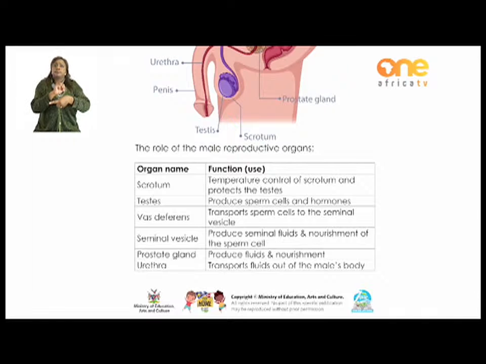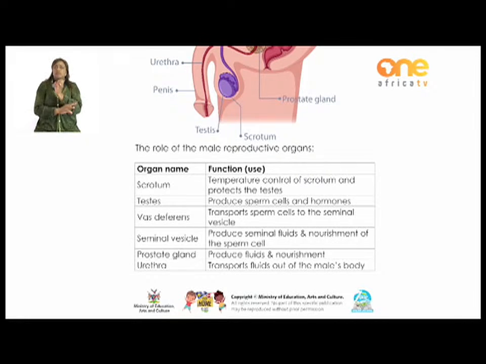And from the seminal vessel, we go into a structure known as the prostate gland. And from the prostate gland, we have the urethra, which is in-housed by the penis. Please do not get confused with the urinary bladder. It is not part of the reproductive system.